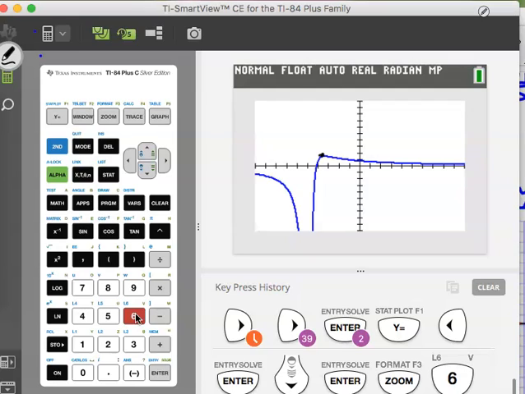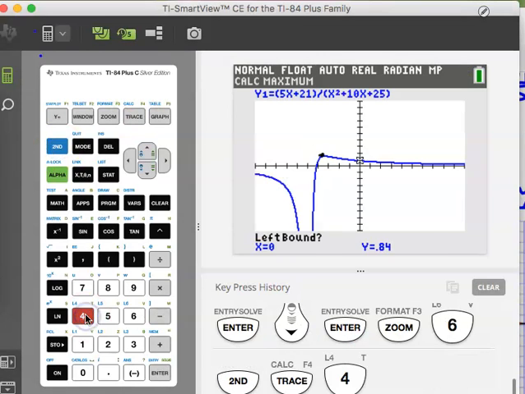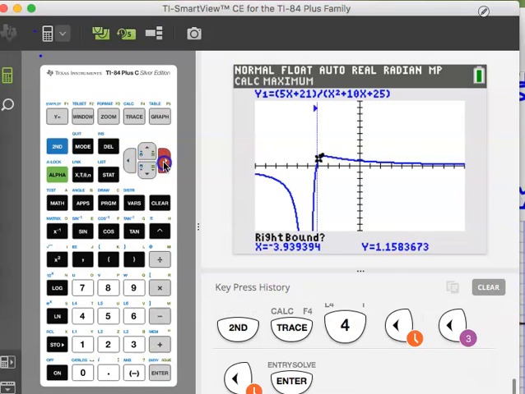There seems to be a top to that, a hill, which would make that a local max. So before I even start with my table, I'm going to figure out what this local max is and get that written down there in my analyze part. Second trace number 4. So left of the hill, right of the hill, and enter through that.